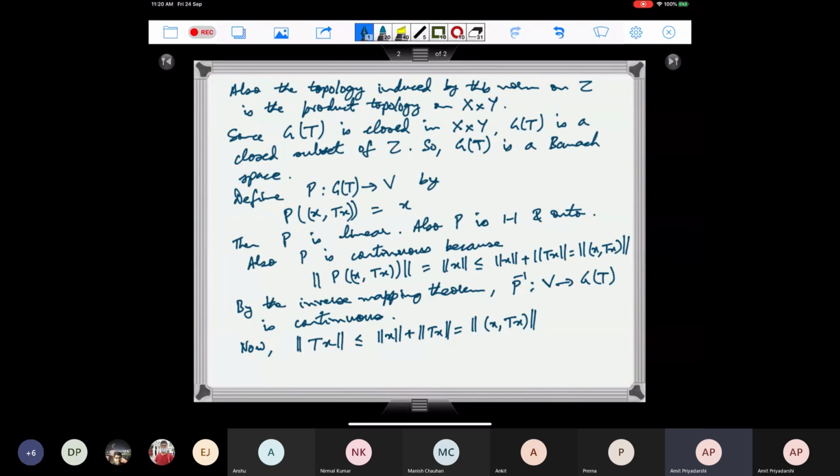And (x, Tx) is the same as P inverse of x. So norm Tx is less than or equal to norm of P inverse x. And we are given that P inverse is continuous, so this will be less than or equal to norm of P inverse times norm x. So this implies that T is bounded and hence continuous.